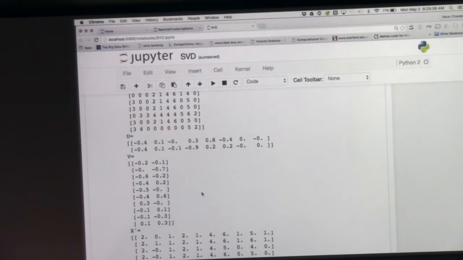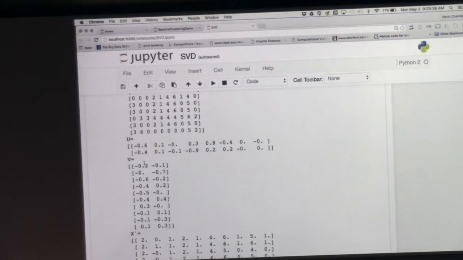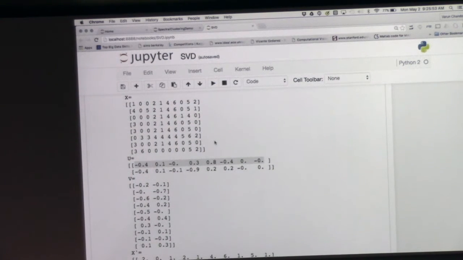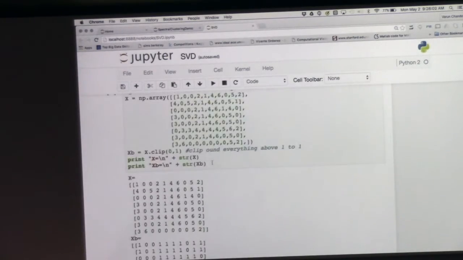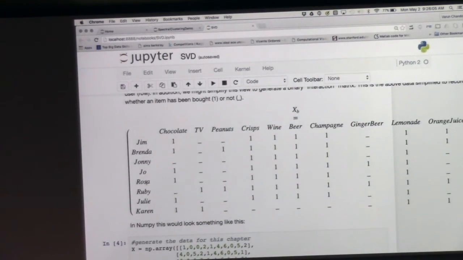If you look at these, the singular vectors tell you something about these things. For example, this is the first left singular vector, and it tells you that for the first component, these things are important. So the fifth person, Rosa: the first singular vector gives more importance to Rosa's preferences.